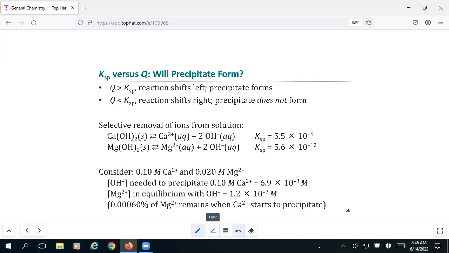But it's not always easy to get that stuff into solution. And with its KSP value at 5.5 times 10 to the negative 6th, there's a good reason why. But magnesium hydroxide is actually even worse. And so if I have the two in solution together, so here I've got a solution of 0.1 molar calcium ion and 0.02 molar magnesium ion.